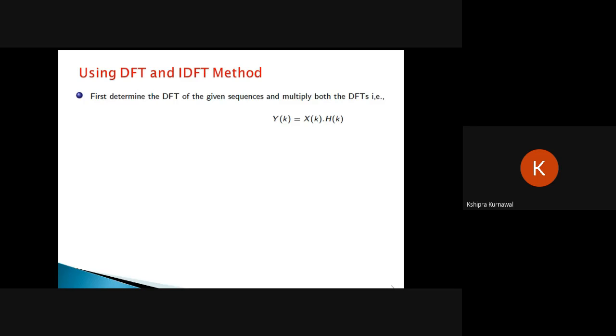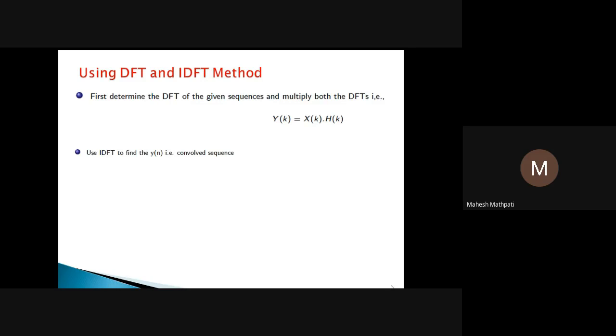Yes, sir. Note down this second point. I am just telling you the procedure, like how to calculate circular convolution using the DFT and IDFT method. The second point is: use IDFT to find y of n, that is the convolved sequence y of n.